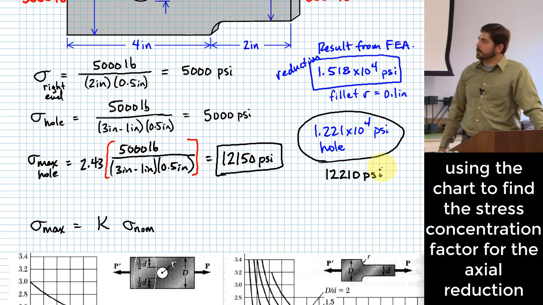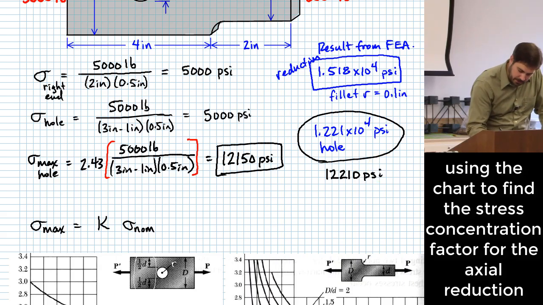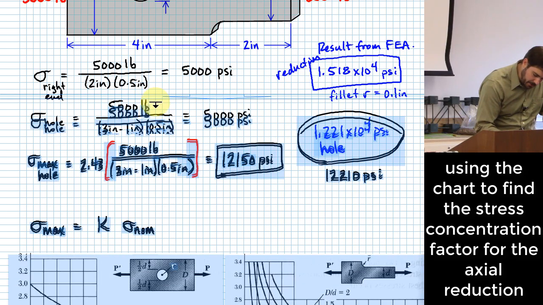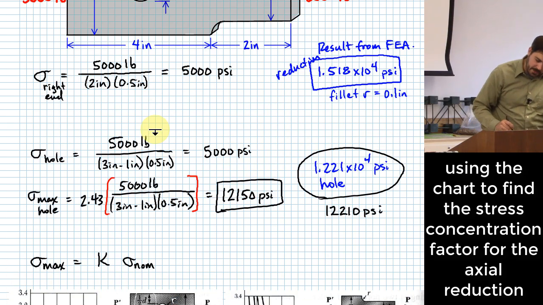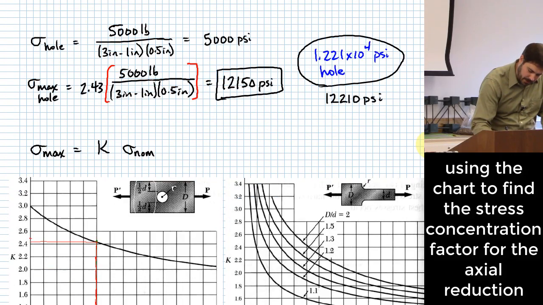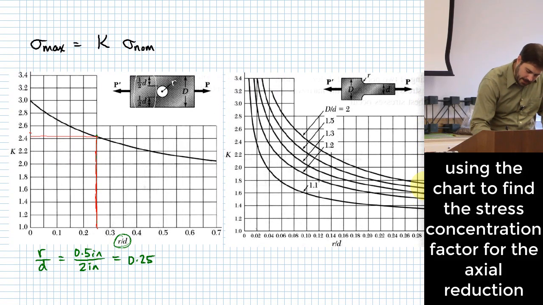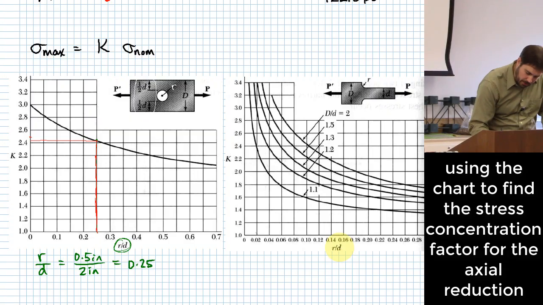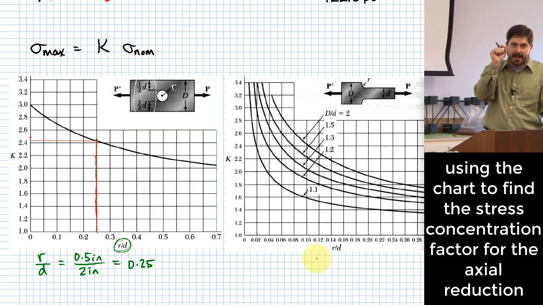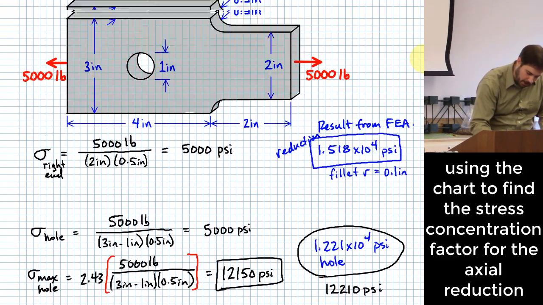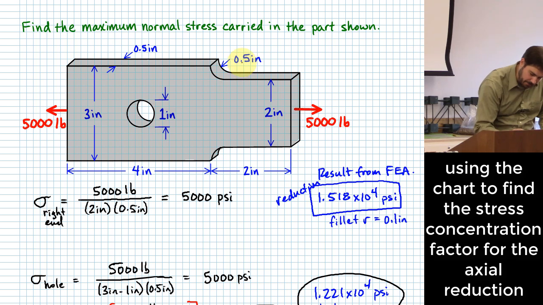The other one's just a little bit more trickiness to it because instead of just one curve, there's a set of curves, right? So I can go down here, and now instead of finding r over d only, let's do this for once I reduced that fillet down to 0.1. So in other words, I'm now working on this where instead of this being 0.5, this is now 0.1.